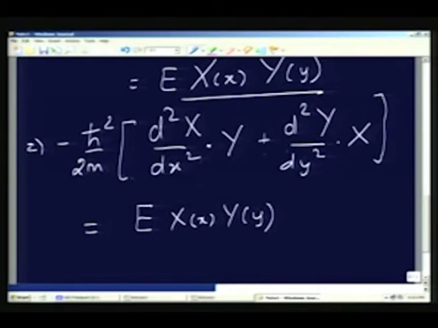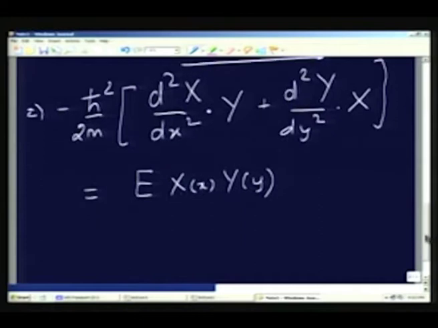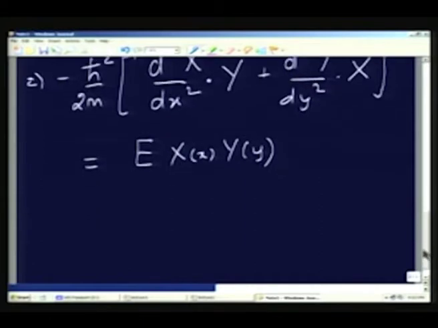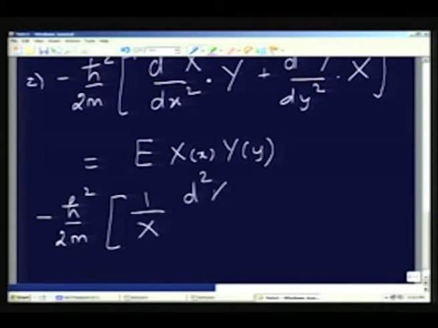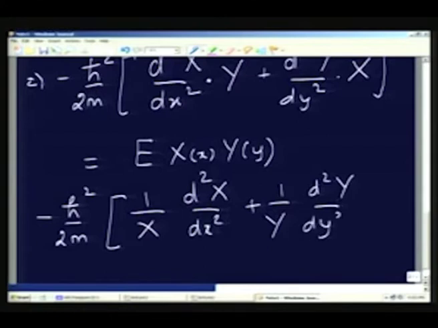Now, if we divide both sides by the product X and Y, the result will be minus h bar square by 2m, 1 by X times d square X by dx square plus 1 by Y times d square Y by dy square.